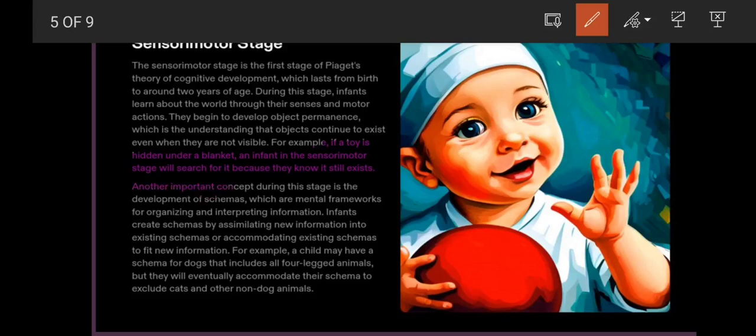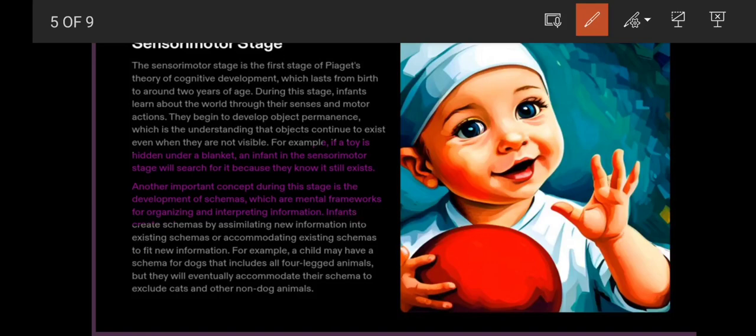Okay, another important concept during this stage is the development of schemas, which are mental frameworks for organizing and interpreting information. In this stage the child will develop schemas.